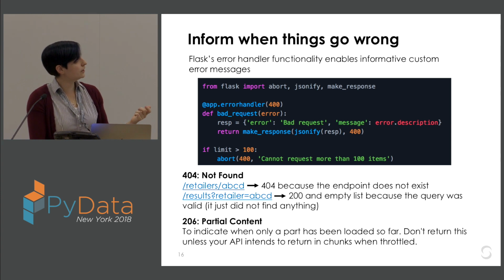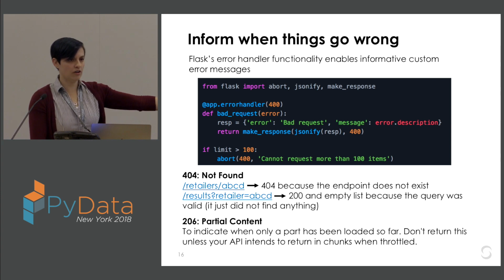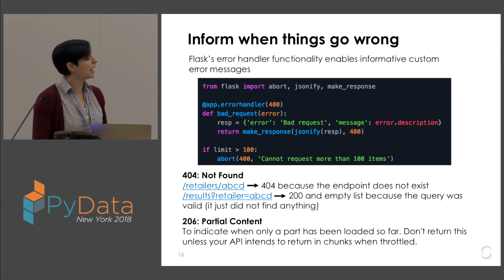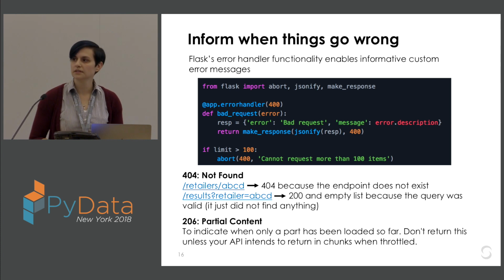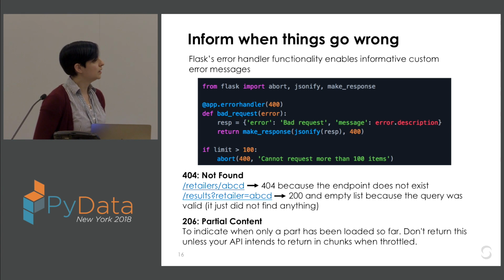When it sees the 400, it looks for this error handler, and it returns what this error handler prescribes. So it'll return a 400 code, and then this message that I encoded in here: cannot request more than 100 items. So you can look at all the different edge cases, things you don't want your user to do, and define a function like this.